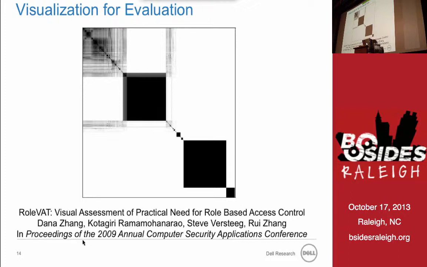Okay. So that's the visualization. What was on one axis are my users. And what's on the other axis is what they have permissions to access. So subject and object. Is there some sorting going on? There is sorting going on, and if you read the paper, I believe it talks about how to sort it so that you get the really nice, pretty clumps, essentially, because that's what you need.